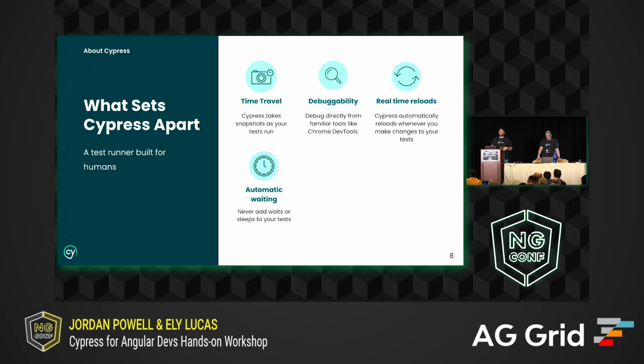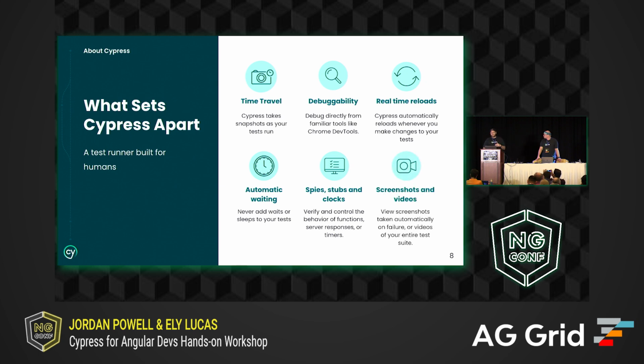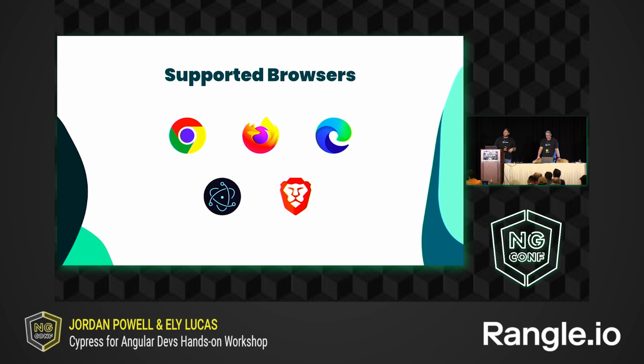You don't have to do that because of the way we architected Cypress. You get spies, stubs, and clocks, and screenshots and videos. When your tests fail, you get recorded videos as well as snapshots of those tests to make fixing them as easy as possible.